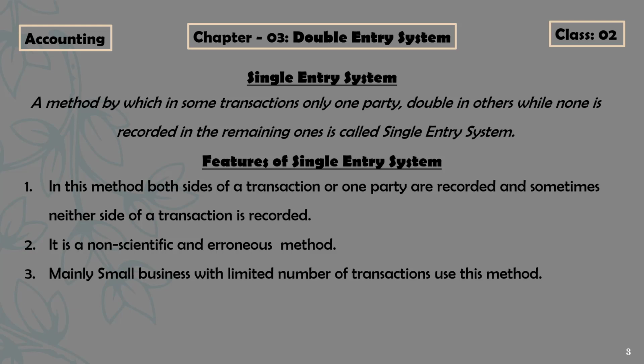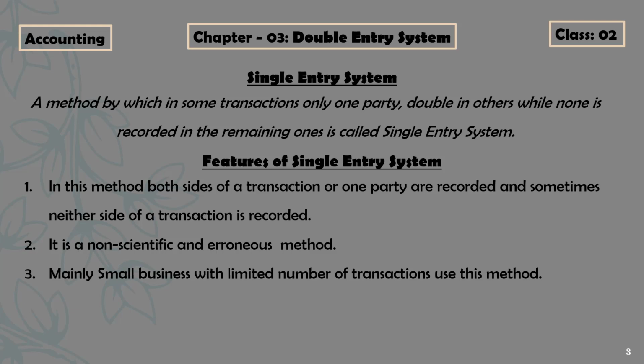That is, it is a non-scientific and erroneous method. Since the single entry system does not follow any logical or scientific rules, it is a non-scientific and erroneous method because it records different transactions in different styles. Let's see number three: mainly small businesses with a limited number of transactions use this method.